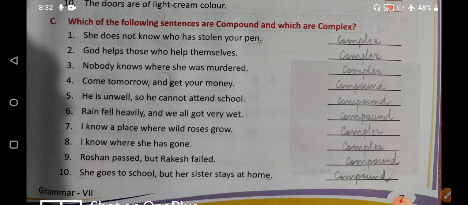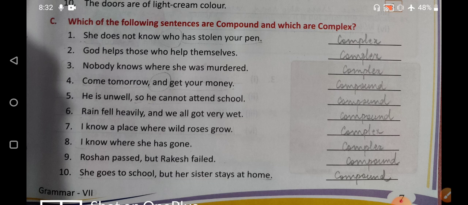Or we can find out that a compound sentence will have two main clauses, that means two subjects, but in a complex sentence there will be one main clause and one subordinate clause, so there will be only one subject. The whole sentence will be talking about only one subject.